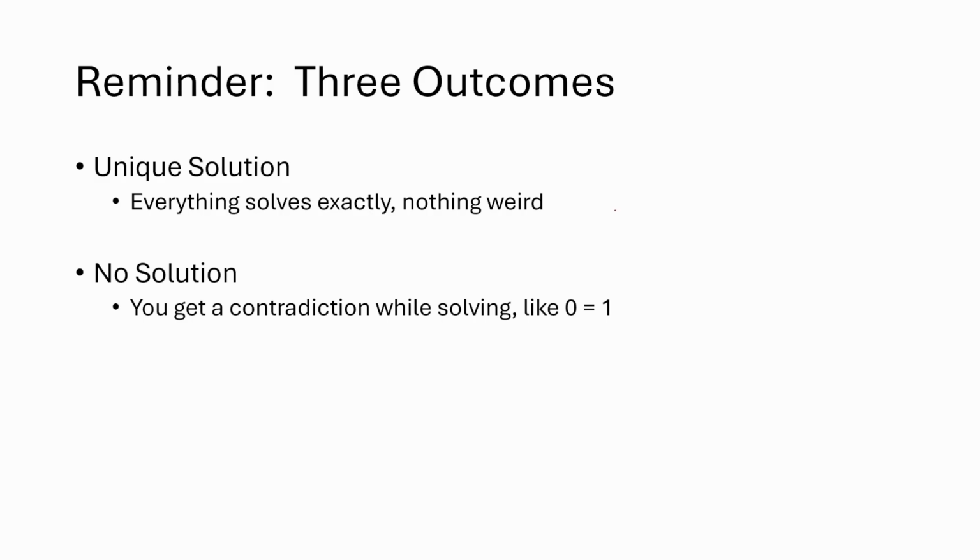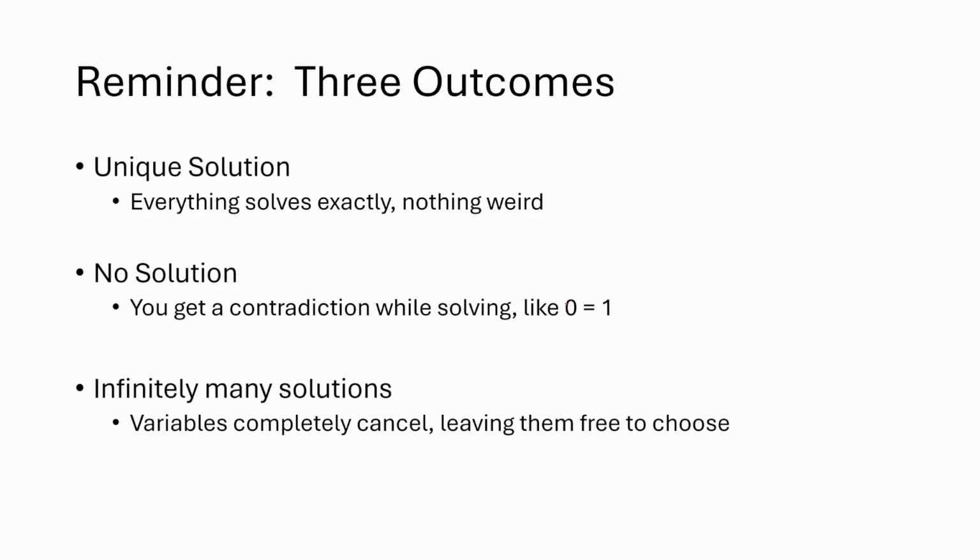And thinking about it geometrically, if each of those equations is like a line or a plane, that's saying that there's no intersection of those lines and planes, that there's no point where they all meet each other. And that happens sometimes. But there's also the possibility of infinitely many solutions, that there are infinitely many values of X and Y and Z that all satisfy the initial equations.